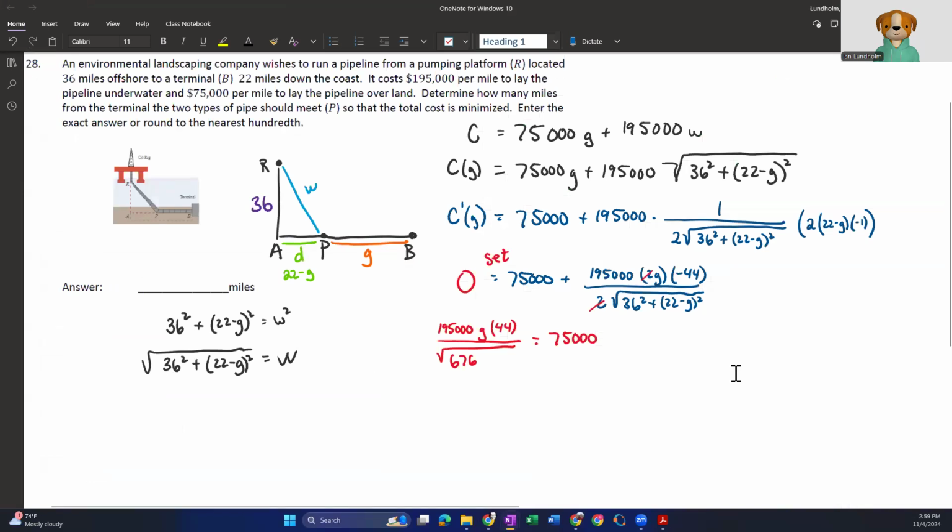Cool. So 676 plus g squared minus 44g plus the 22 squared, the 484. Boom. Okay.